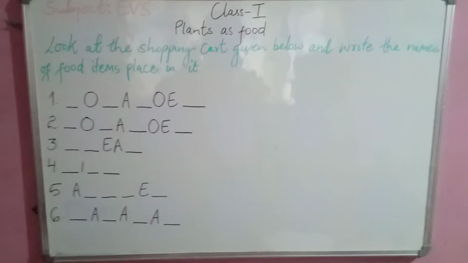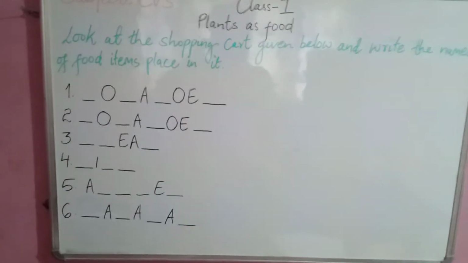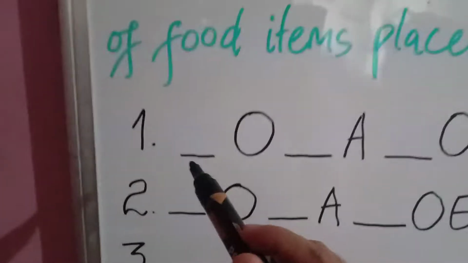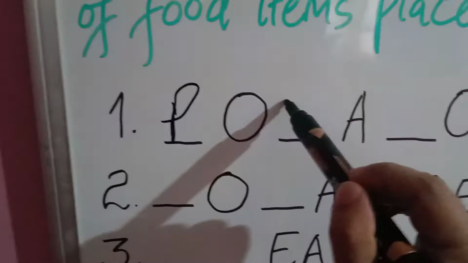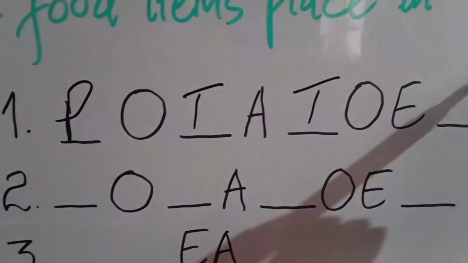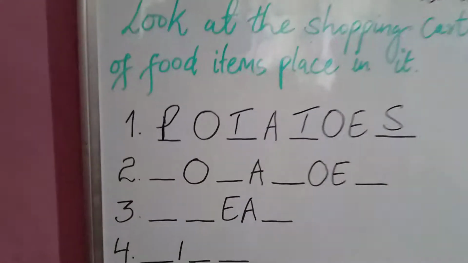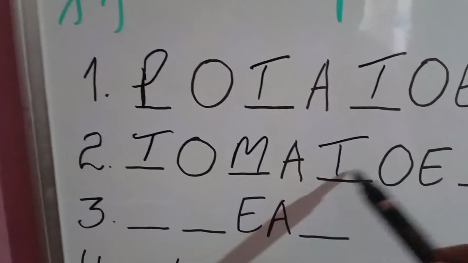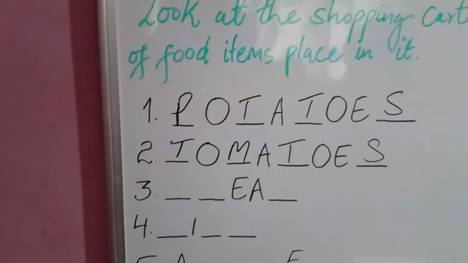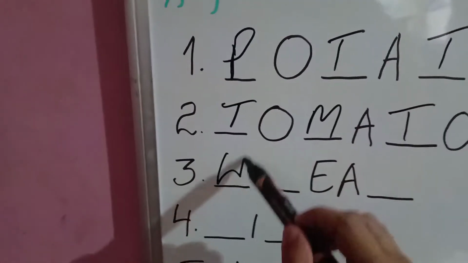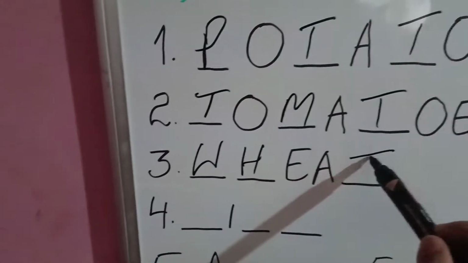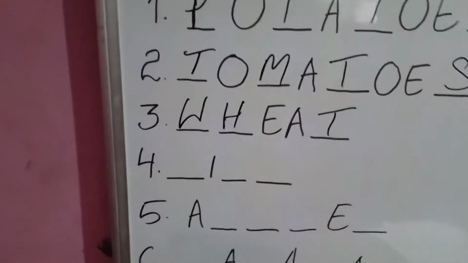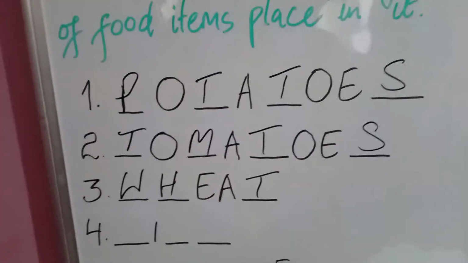So the first thing we have is potatoes, then tomatoes, then wheat, and then rice.